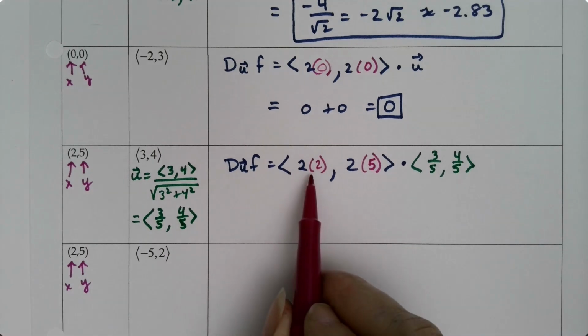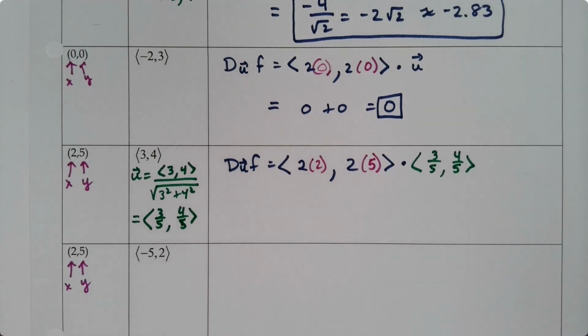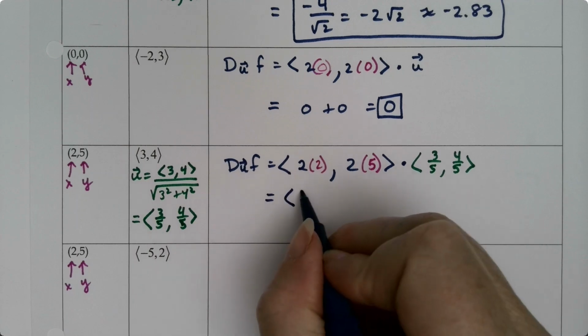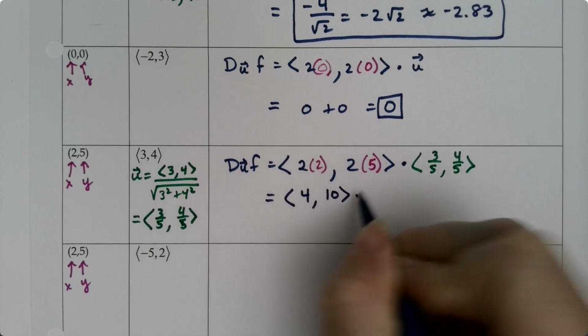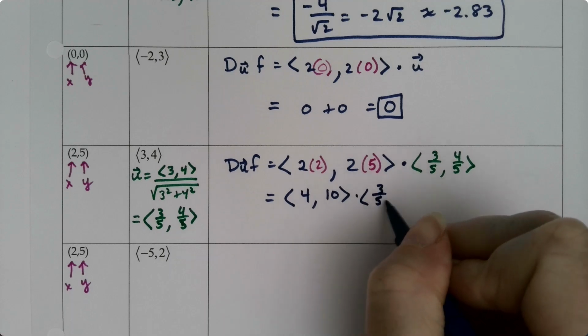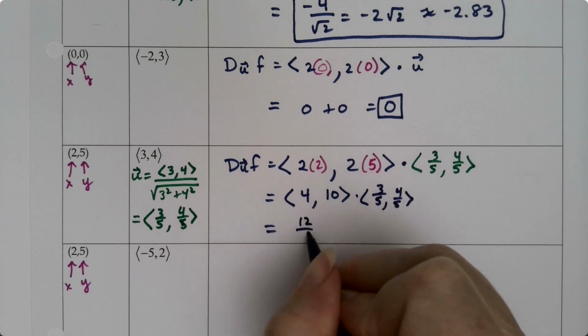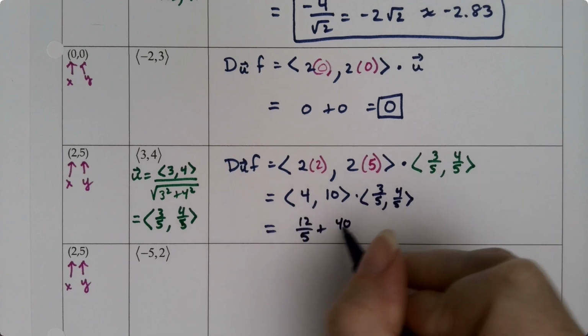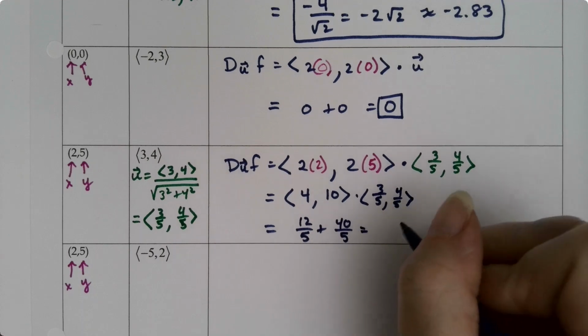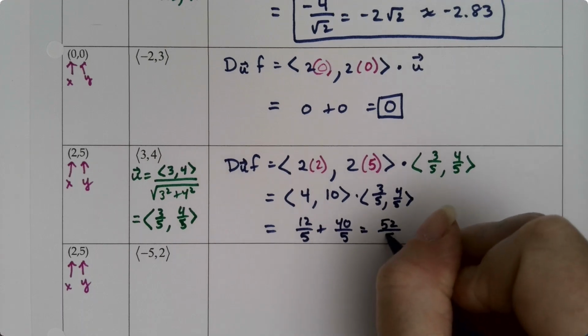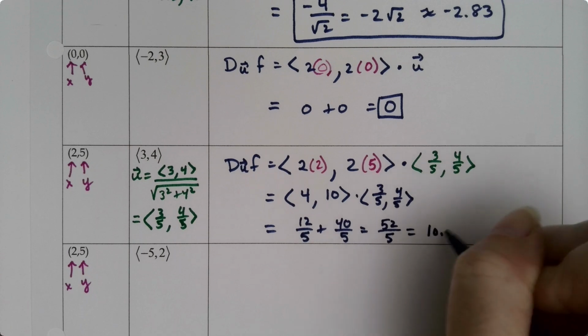So that's 4, right? So this is 4, 10, dot product with 3/5, 4/5, which is 12/5 plus 40/5, which is 52 over 5, or 10.4.